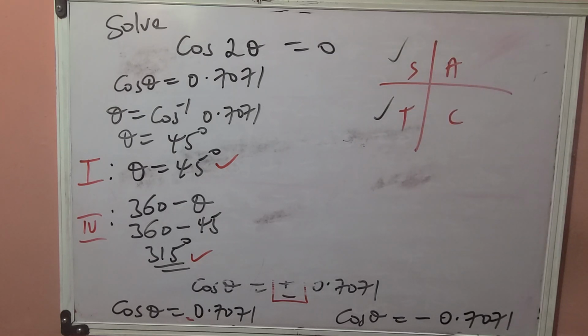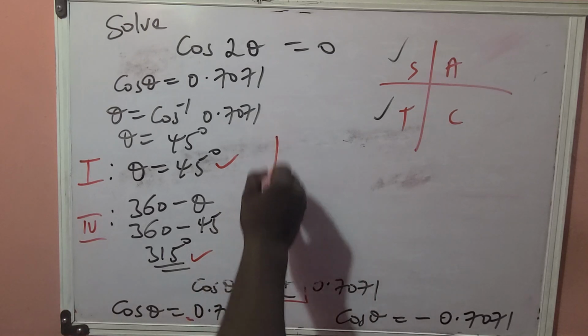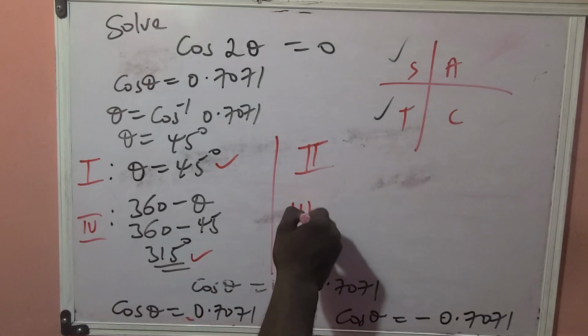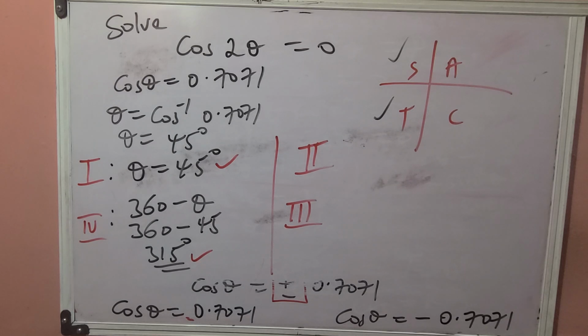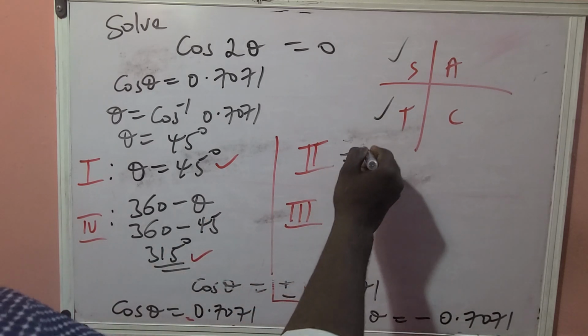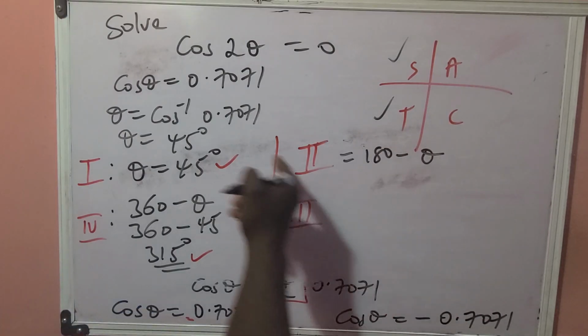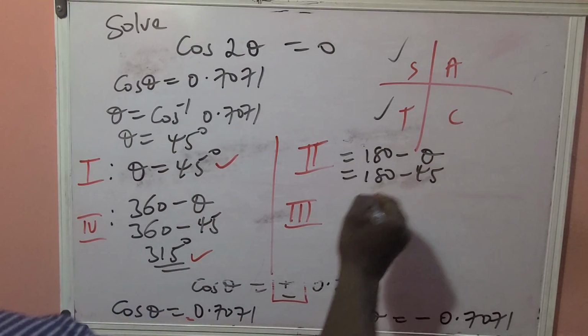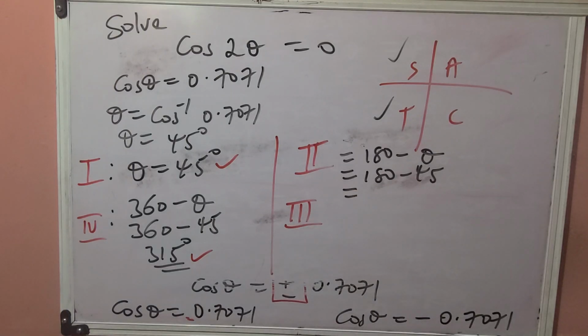So our quadrant of interest for this second side of things is quadrant 2 and quadrant 3. For quadrant 2, the rule is 180 minus theta, our theta being 45. So that will be 180 minus 45 degrees, which gives you an answer of 135 degrees.